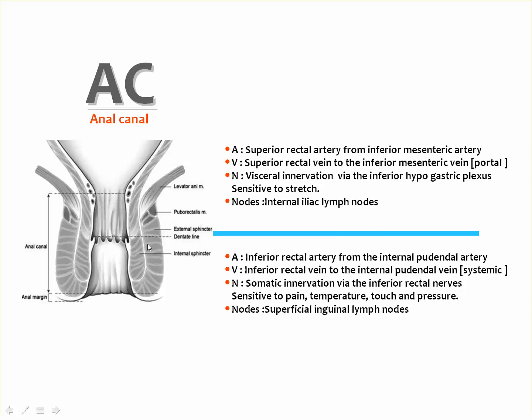Then we have the upper half of the anal canal, which has different blood supply, nerve supply, and lymphatic drainage from the inferior part of the anal canal. Actually this information is not so important for the radiologist, but it's good to know these findings.